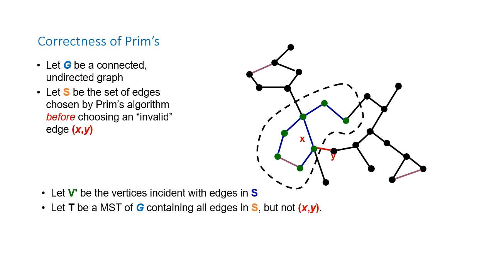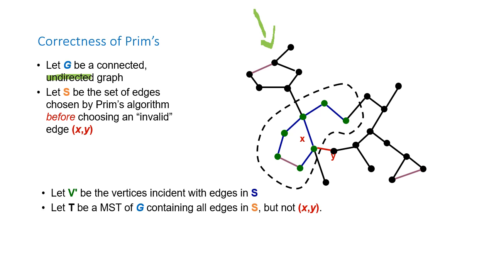So let's assume that we have G as a connected and undirected graph, the one that you see on this side, and let S be the set of edges that we have for Prim's algorithm. And what we do is we start by selecting an invalid edge. We're going to try to prove by contradiction. So this is why we're picking an invalid edge.